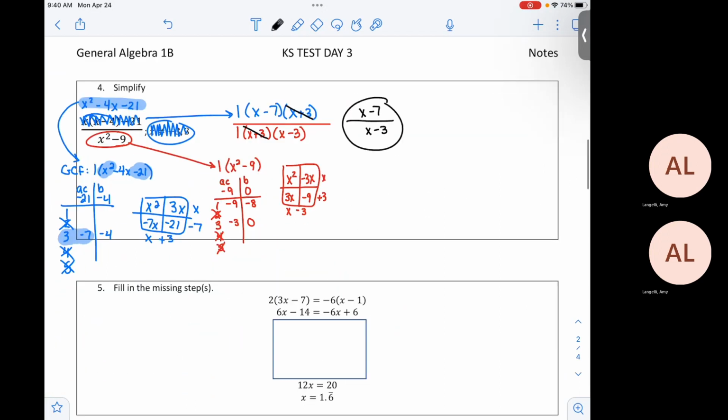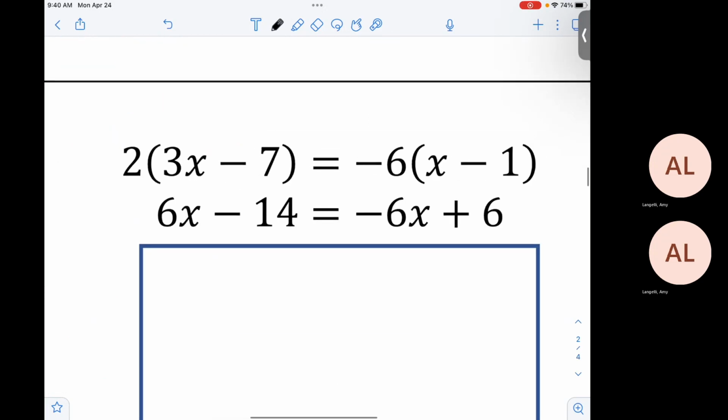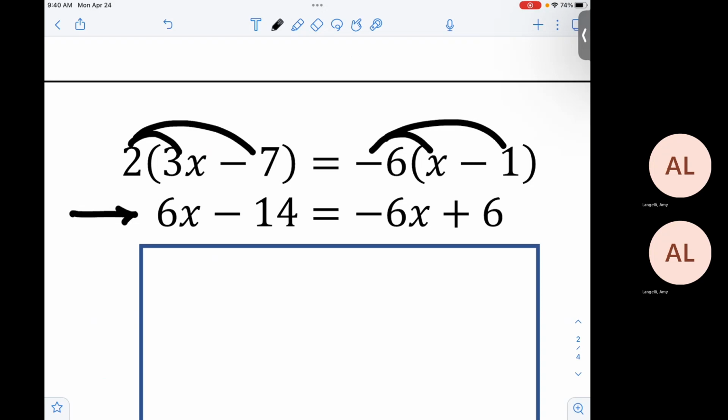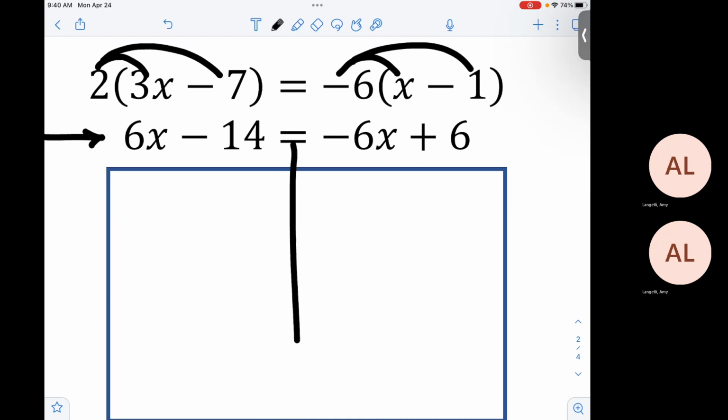All right, number 5, fill in the missing steps. What did they do for you first? How did they do this step? They distributed, okay? And it was distributed correctly. Now, what would the next step be if we were to solve this? What's missing? Should we move the 6 to the left or should we move the 14 to the right? How do we move the 14?